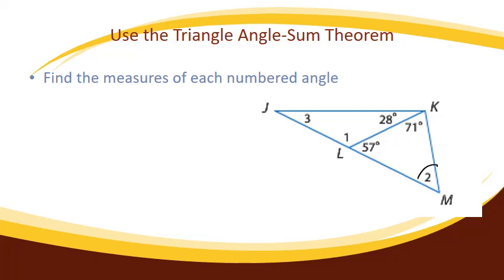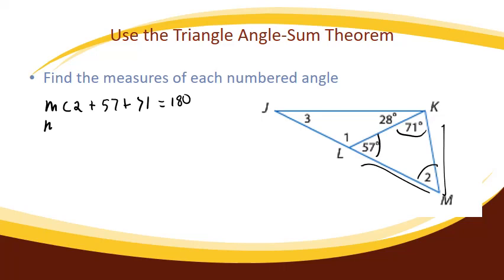All right, so I've got a triangle here. Let's say this triangle is KML. I see that this angle here is 57 degrees and this one's 71, and all three of those angles must equal 180. So the measure of angle 2 plus the measure of MLK, which is 57, plus the measure of MKL, which is 71, must equal 180.